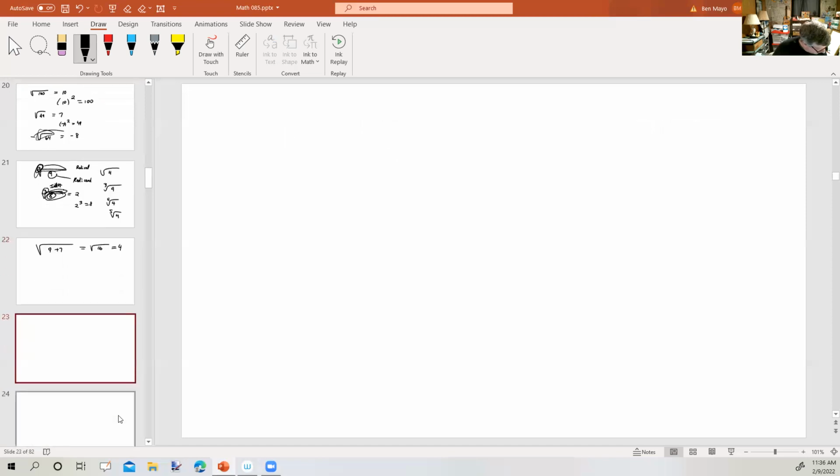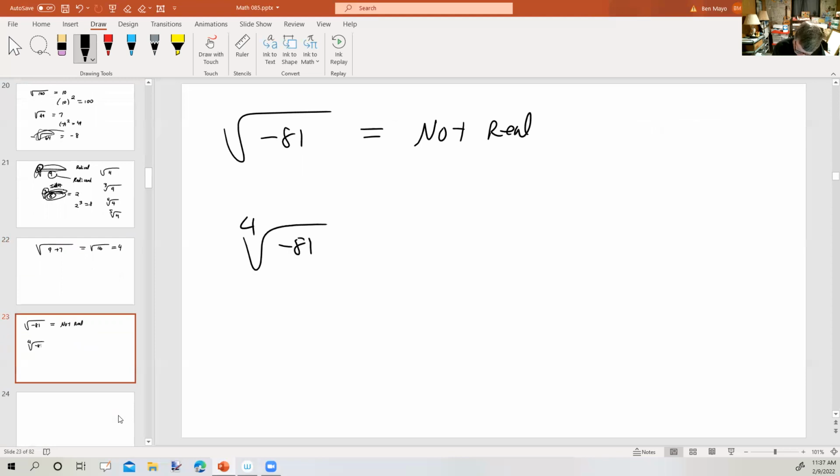Okay, how about this? The square root of negative 81. Well, as I mentioned earlier, you can't take the square root of a negative number and get a real answer. So this is not real. In fact, let's expand that. You can't take an even root of a negative number and get a real answer.